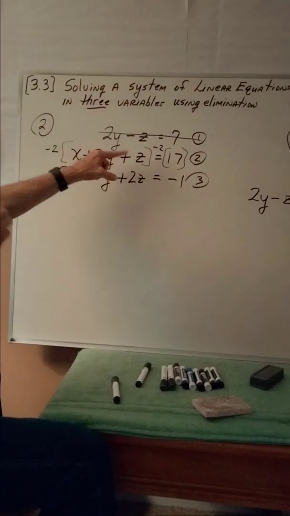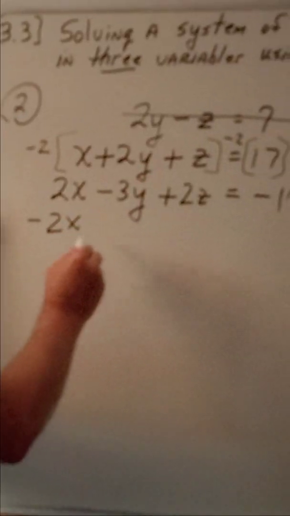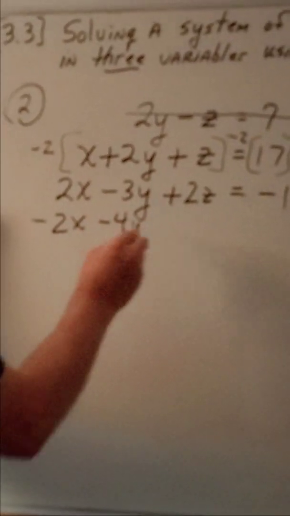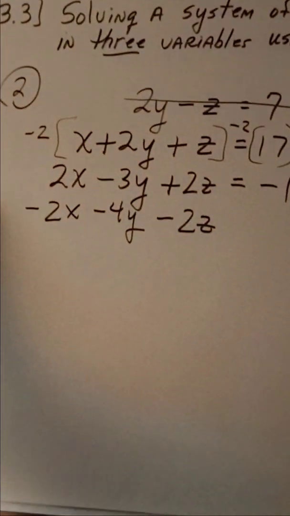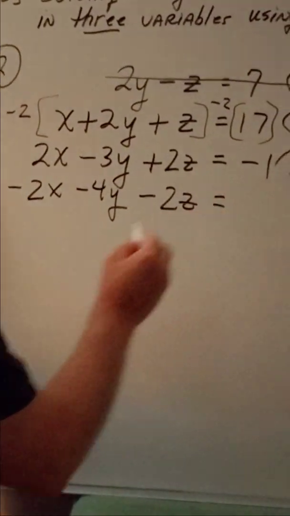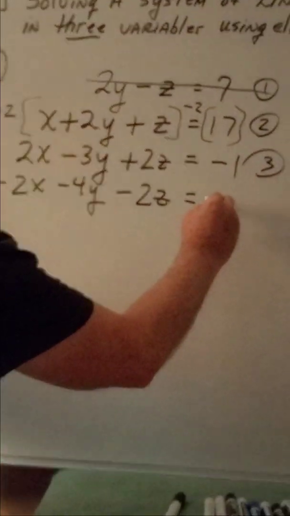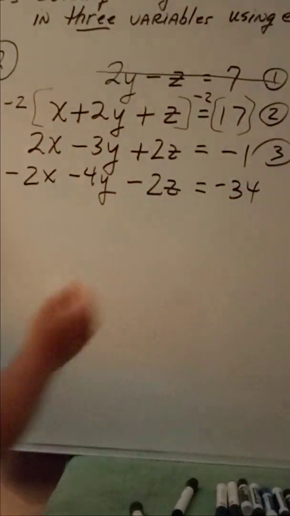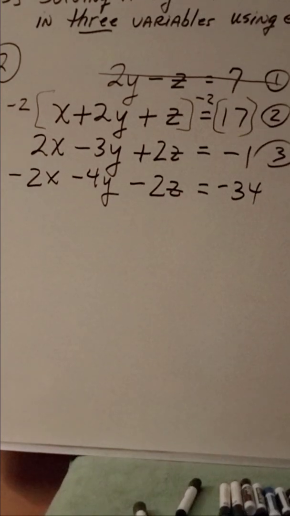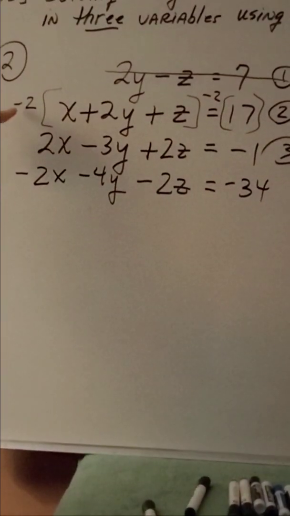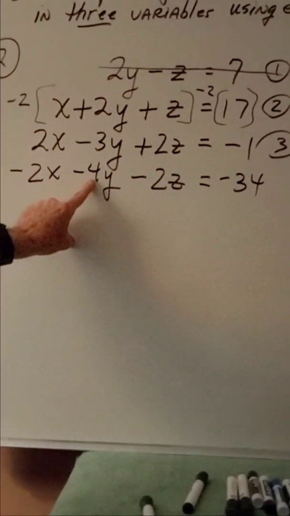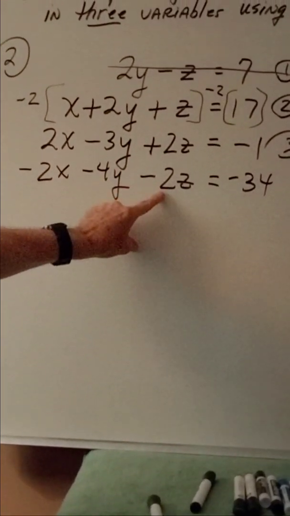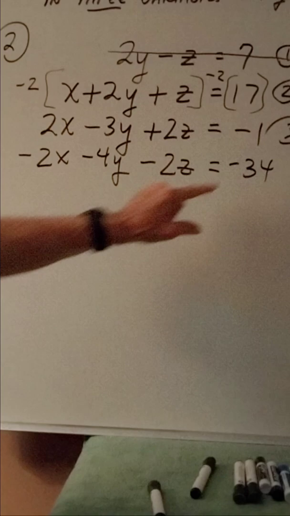So let's do the distribution. Negative 2x, negative 4y, negative 2z, and that is equal to a negative 34. Distributed. Negative 2x, negative 4y, negative 2z, negative 34.